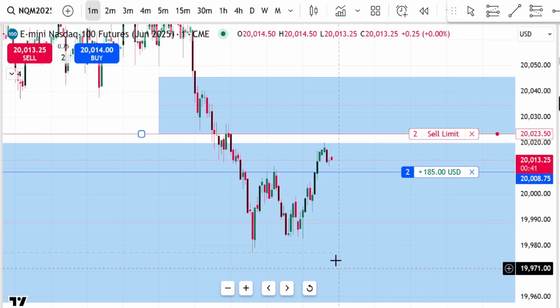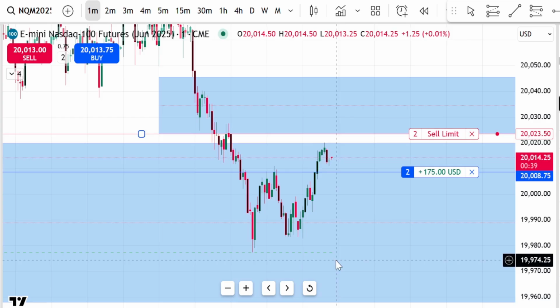You probably notice a bit of lag on my screen. It's because I'm recording my screen, and the software I'm using is causing this kind of lag. I think the CPU is under a lot of pressure. All right, so let's see what's going on. I opened the second position as well, and changed the TP to the lowest part of the 50 minutes FVG. Okay, let's see what happens.